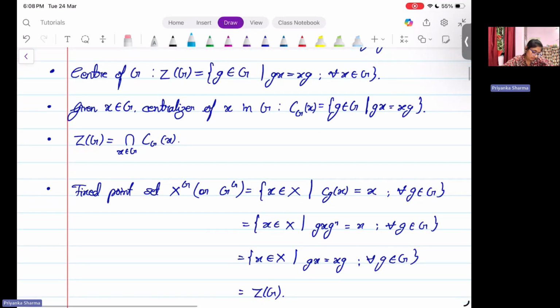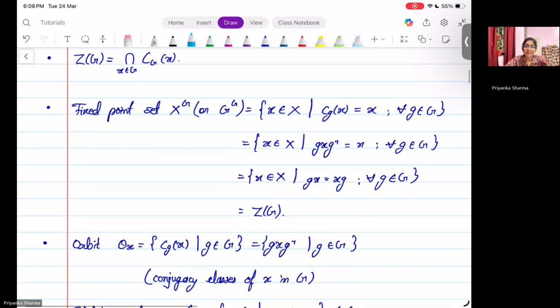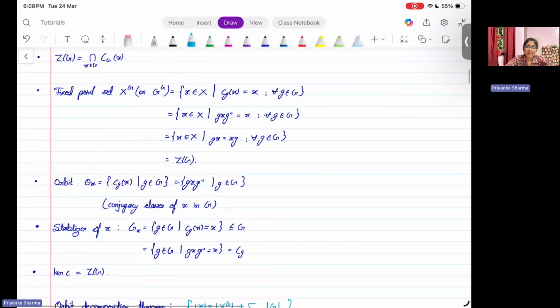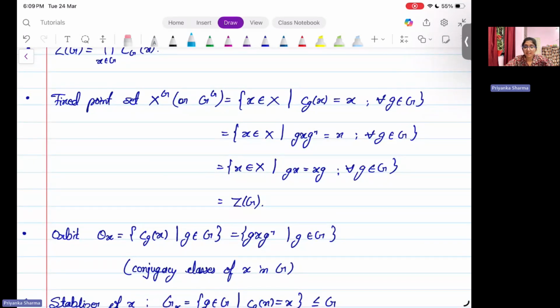Now, what is the fixed point set? Whenever we have a group acting on some set via a group action, we can define some terms like fixed point set, orbit, stabilizer, and kernel. The first one, the fixed point set, is denoted by X^G, but here X is G itself, so this will be G actually.